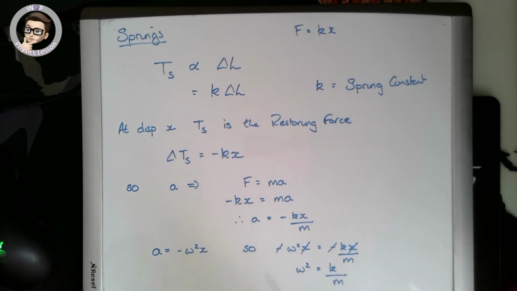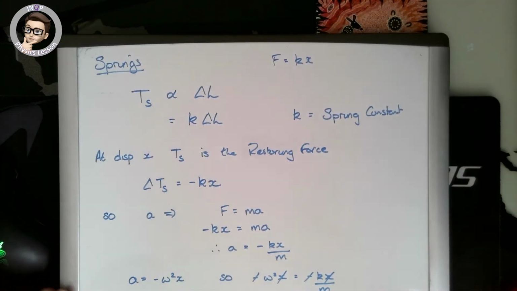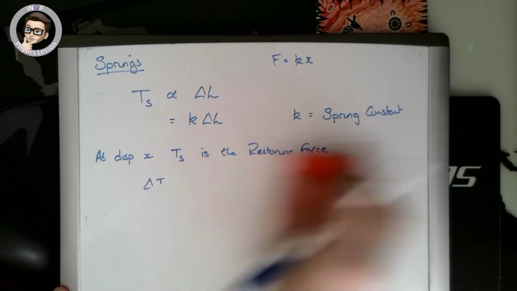So this proves that the spring is in simple harmonic motion, because it still follows that acceleration equation we have for simple harmonic motion, which is minus omega squared x.